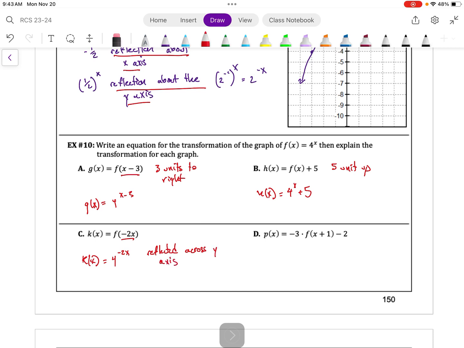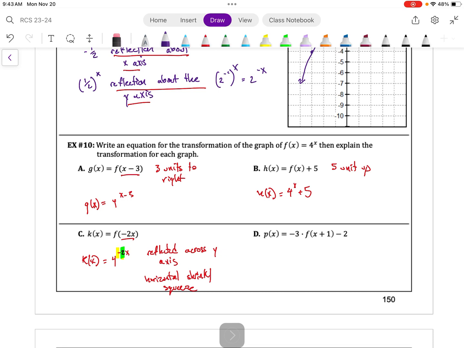Across the y-axis, that's coming from this negative. And then this 2, I'll do it in green, this 2 is going to cause a horizontal shrinkage or squeeze. Okay.